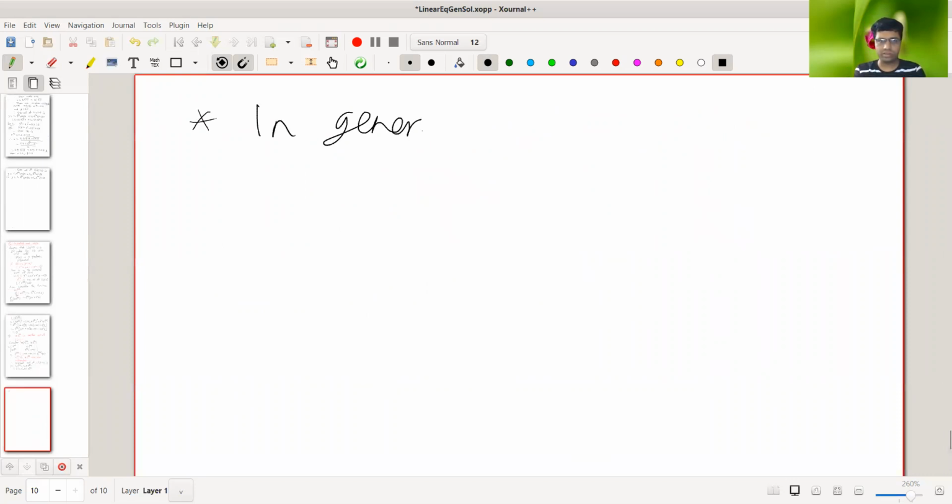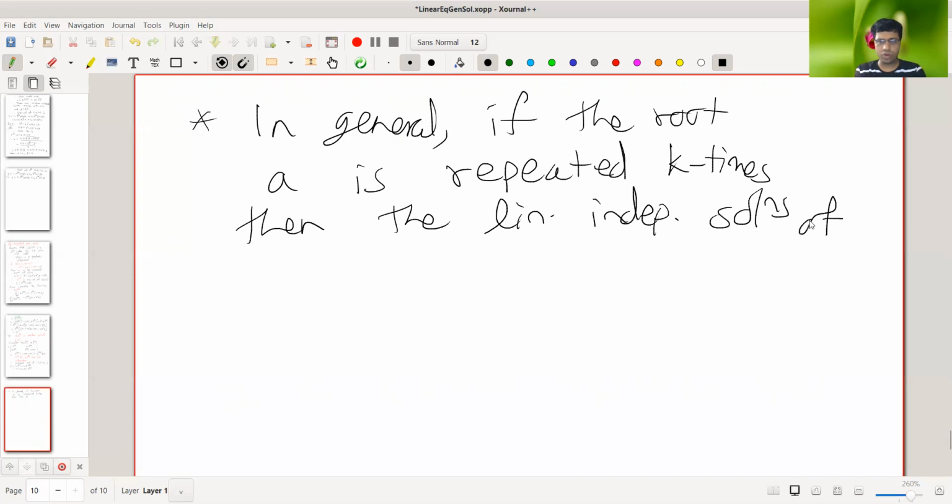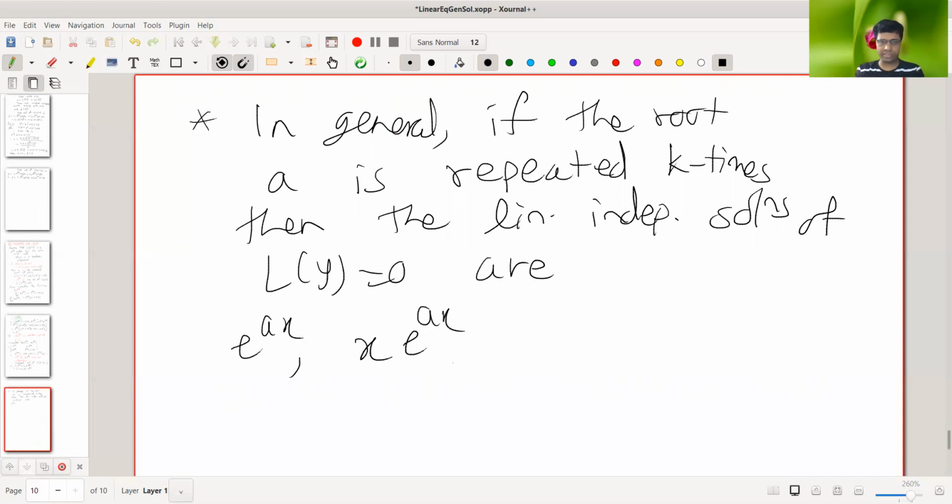In general, if the root a is repeated k times, then the linearly independent solutions of L of y equal to 0 are e raised to ax, then x times e raised to ax, next x square e raised to ax, and so on up to x raised to k minus 1 into e raised to ax. Here it is up to x raised to k minus 1 because the root is repeated k times.